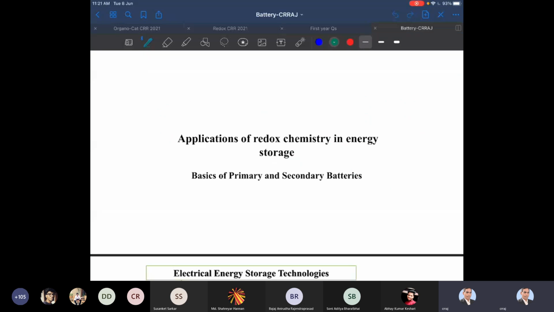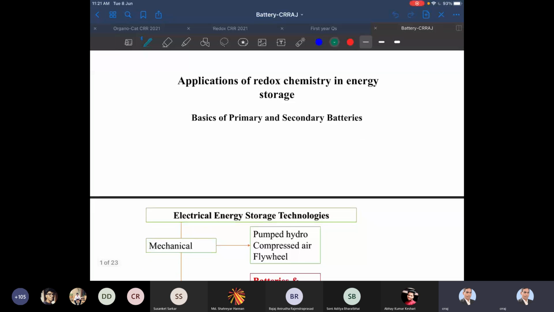Okay. Now, battery is a very important topic, but we don't have time to look at the lithium-ion battery and all. I will explain briefly till nickel cadmium. Why we are in this is that it is an application part of the redox chemistry that we are talking about.